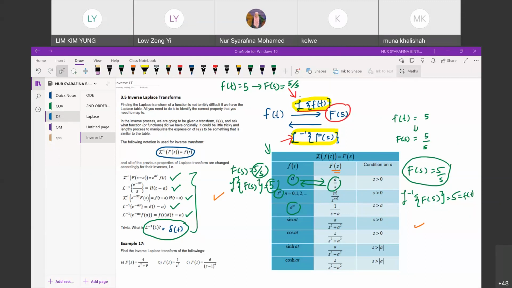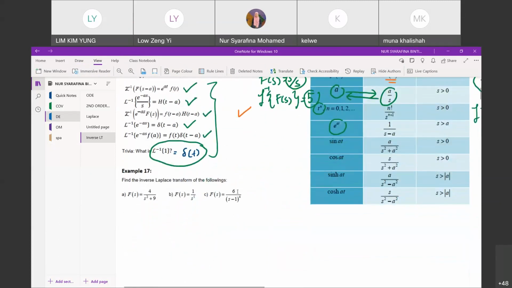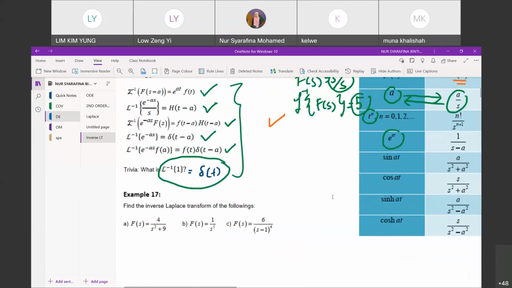Okay. So now let's try this example, which is the same example that we used in the video. Now we have F(s) equals 4 over s squared plus 9.